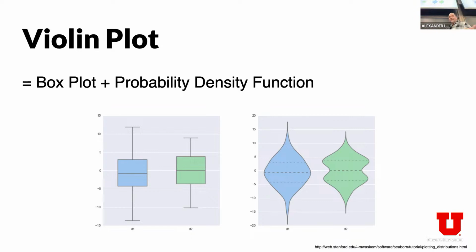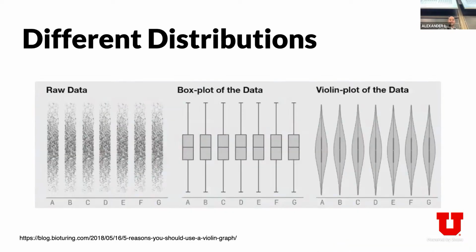And what's nice is that we have all of the properties of the probability density function here. So we see, for example, when we have a bimodal distribution, like in the green case here, we can't see that in the box plot, but we can very clearly see it in our violin plot.